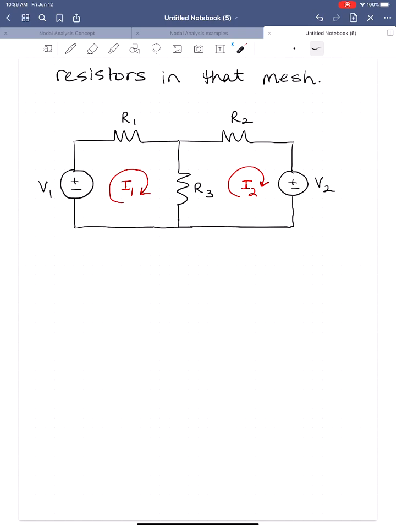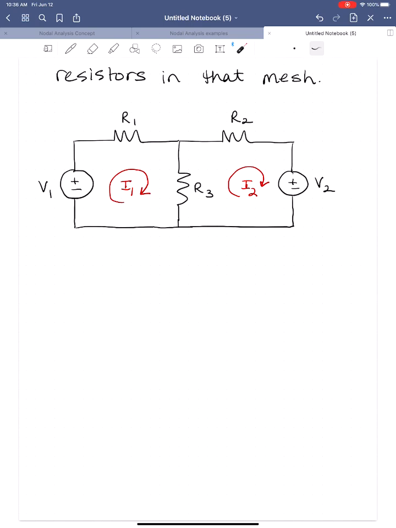All right, so elements that are on the outside of a mesh, for mesh 1, for example, only see mesh current I1. If we look over at mesh 2, R2 and V2 are on the outside of this mesh, and they only see mesh current I2. So I1 flows through V1, I1 flows through R1, I2 flows through R2, and I2 flows through V2, in the direction that the loop is labeled.